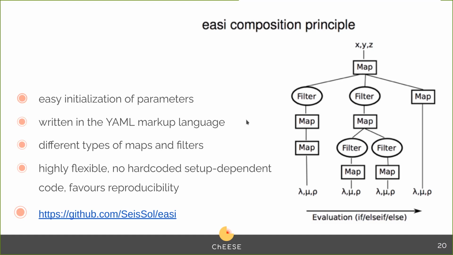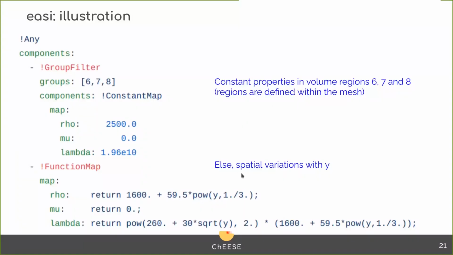This might look like a very formal description, so I just put an example here. This is an example of such a YAML file. In this example, we define the density and the Lamé parameters. You can see that there are different components, like a group filter and a function map. The group filter, for instance, says that in the volume regions 6, 7, and 8, we want to define rho, mu, and lambda, and we can define them with a constant value.